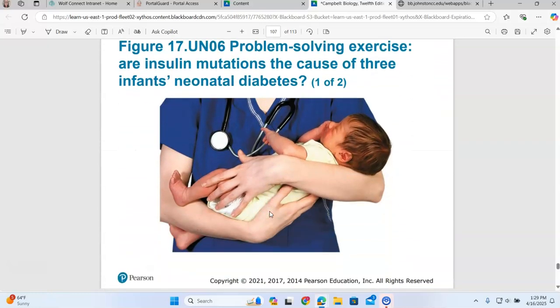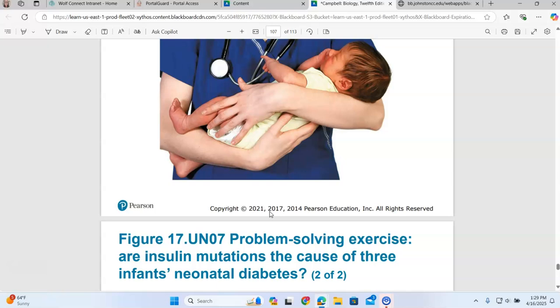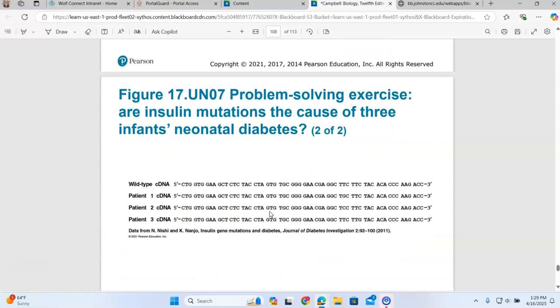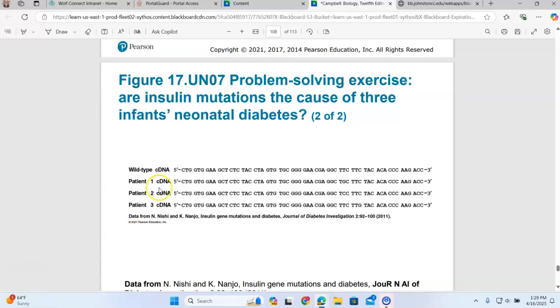Are insulin mutations the cause of infant diabetes? This is one that you could do. Wild type DNA, which is normal DNA, versus DNA from patient 1, patient 2, and patient 3. And then you just compare them. Do we see any mutations?